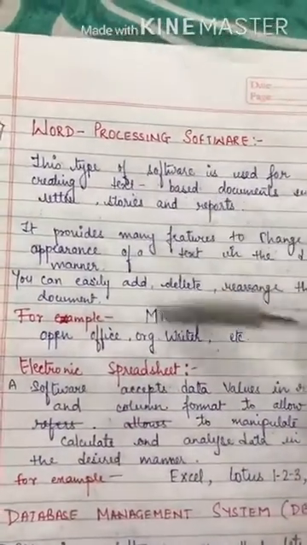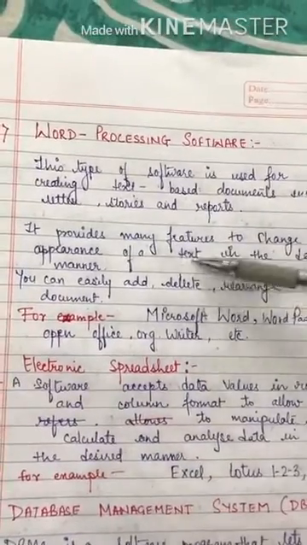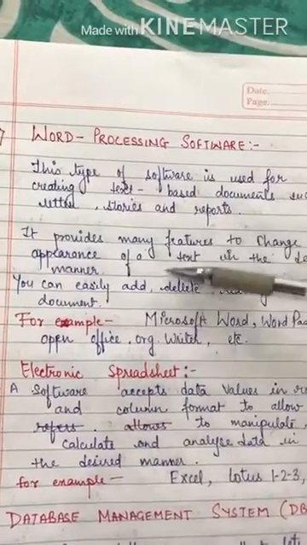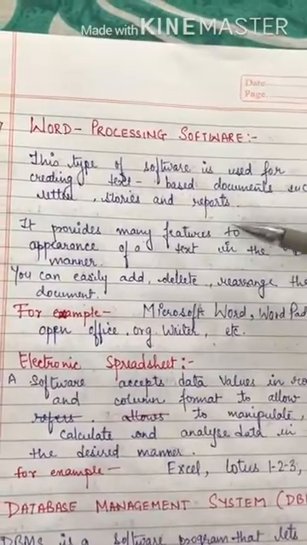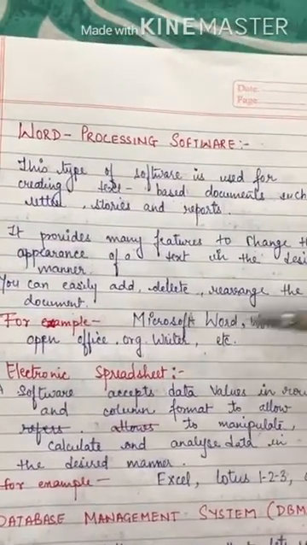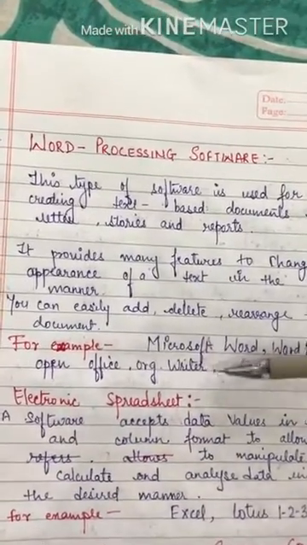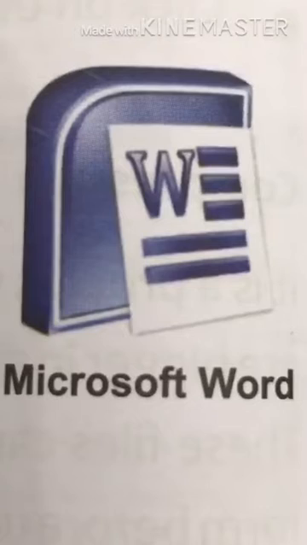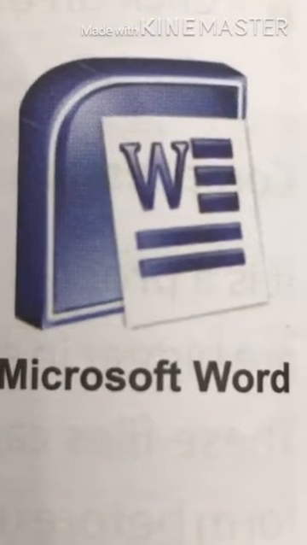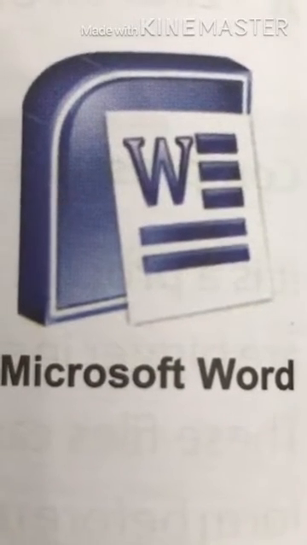That means a word processor helps us to create professional looking documents quickly and efficiently. For example, Microsoft Word, WordPad, OpenOffice Writer, etc. Microsoft Word is one of the examples of word processing software.